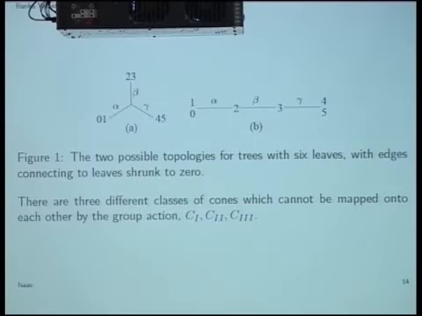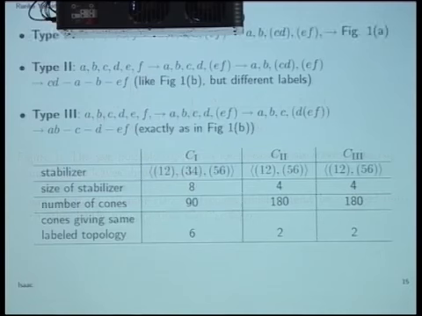trees, and even in this case, I think we have 2 ways to do group actions. So there are 3 different group actions, and here are more details of this.